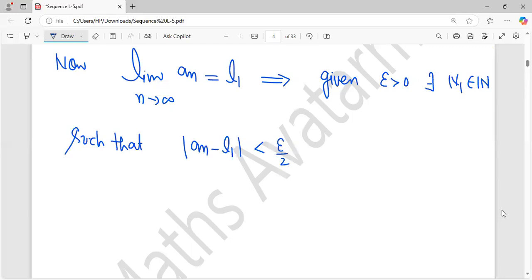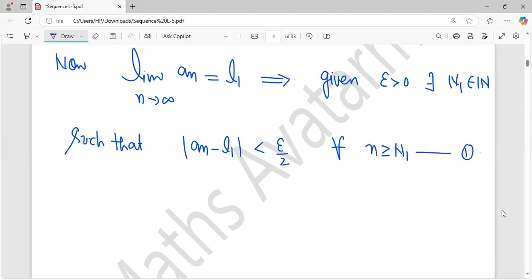Epsilon is greater than 0, so we can take our new epsilon as epsilon by 2. Epsilon is nothing but a positive real number, and if we take its half, it is also a positive number. So we can take this as my new epsilon and apply the epsilon definition of convergent sequence for all n greater than capital N1.